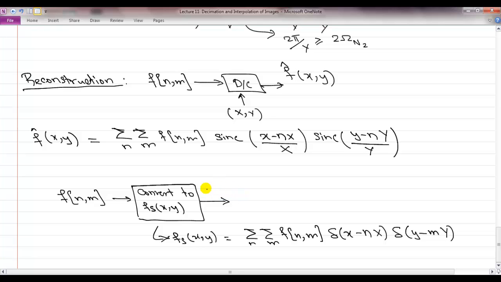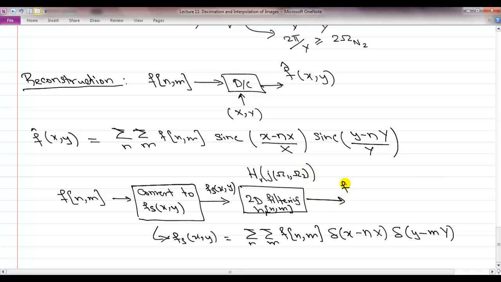And so at the output you have f_s of xy, and then you simply do a 2D filtering with some filter h_r of xy, whose Fourier transform is given by H_r of j omega 1, omega 2, and the output is f hat of xy.